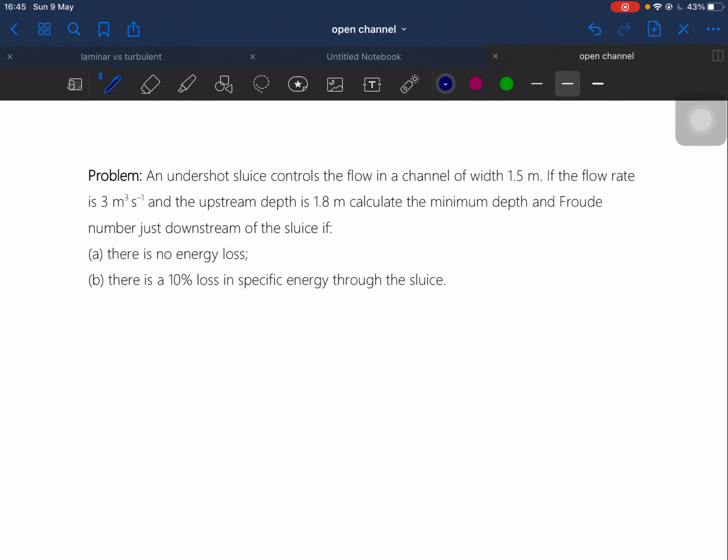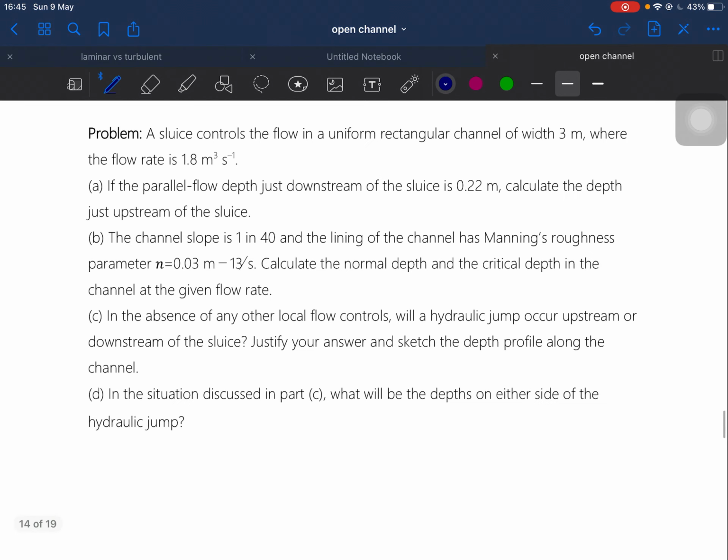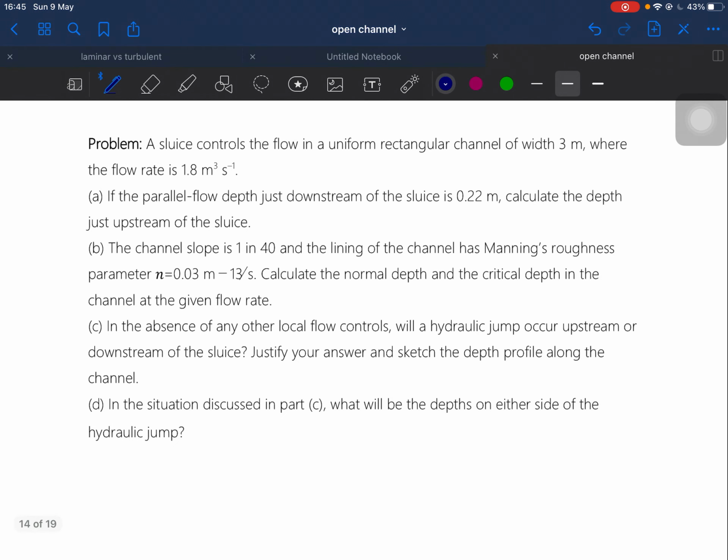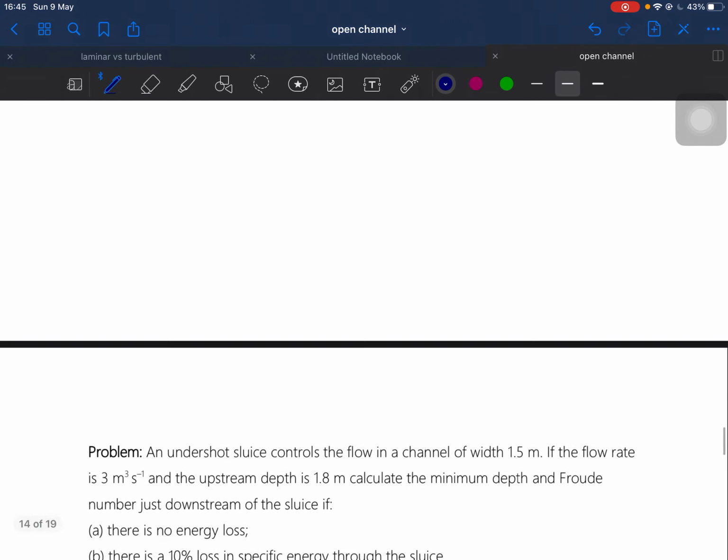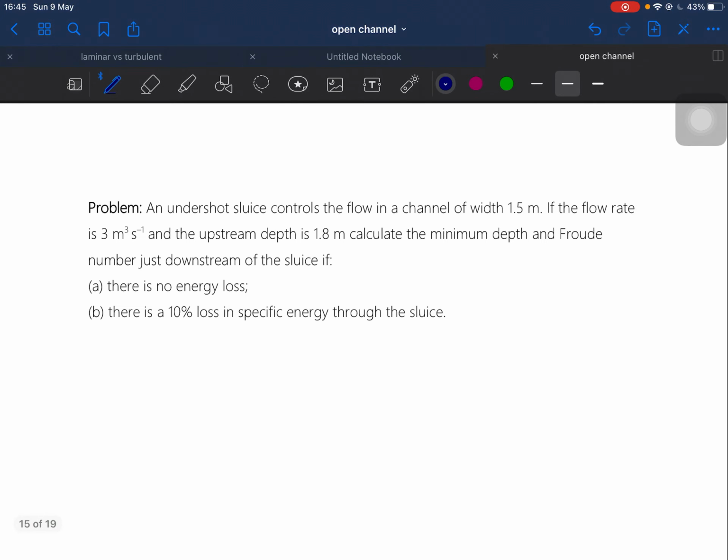Okay, so I will skip this one. It's quite long, so I don't think that fits for 15 minutes. So I'll just go to this one. This undershot sluice control. Yeah. Okay, so now, is it really short? I'm starting to wonder if it's really short.